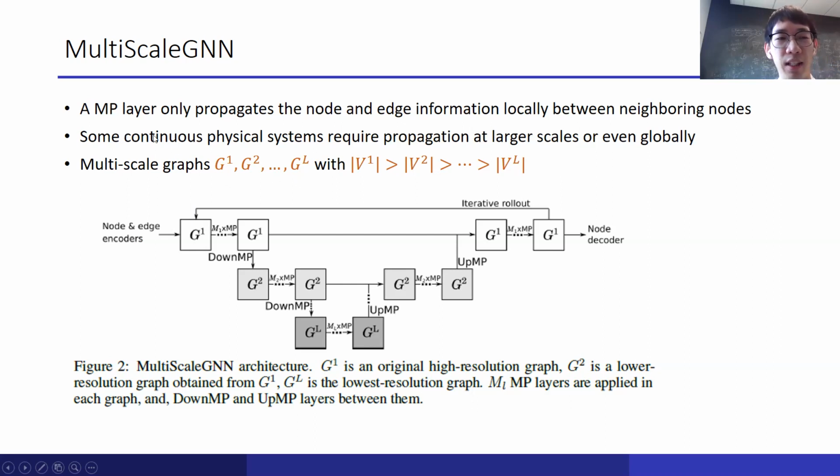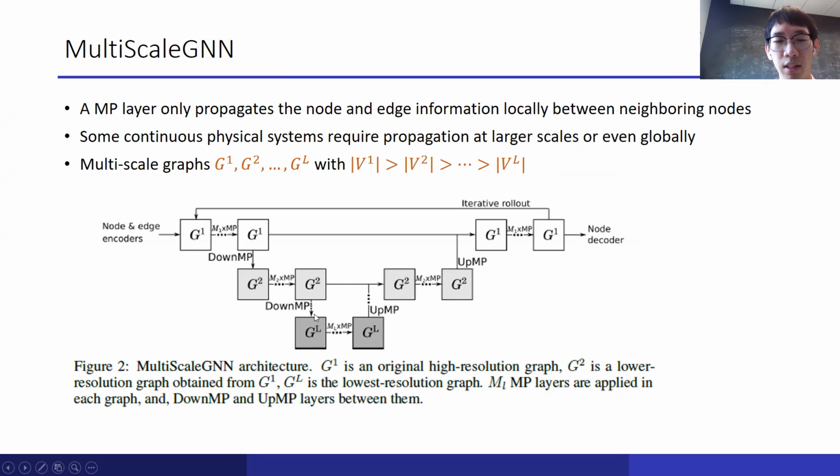The authors claim that if we only use one MP layer or only a few MP layers, you can only propagate the node and edge information locally between neighboring nodes. However, some physical systems require propagation at large scales or even globally. So they suggest using a multiscale architecture of the graph neural network.